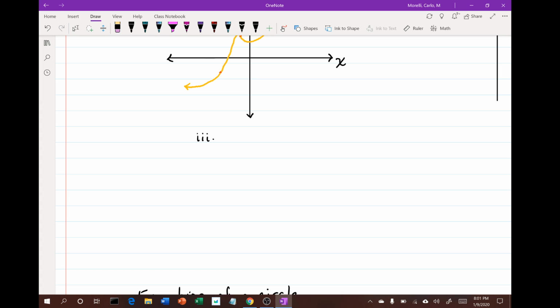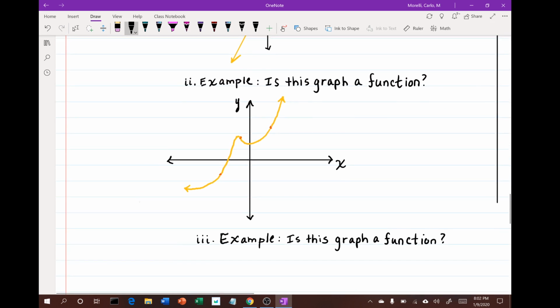It's weird. Is this graph a function? And now we got to do one that is not a function.